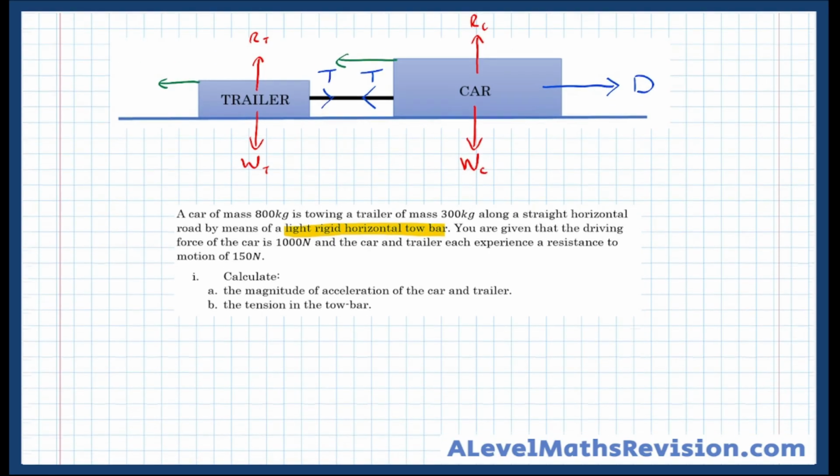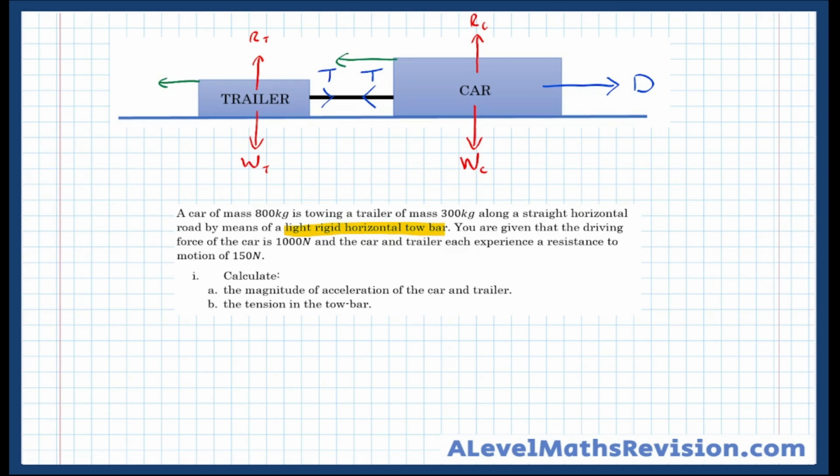Now, in this situation, what I think is the best and easiest thing to do is draw two separate diagrams, one for the car, one for the trailer. So let's draw one for the car here, and we'll keep it nice and rough. So there's the car, which has mass 800 kilograms.